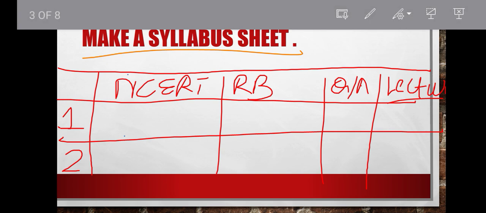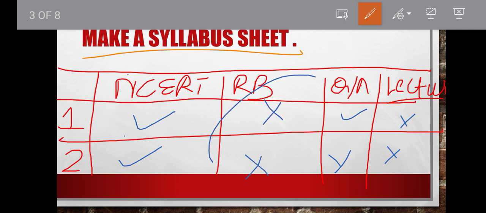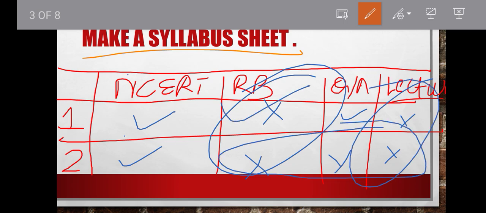As your syllabus is being done, you can tick it. NCERT done. Reference book, this is not done, this chapter's questions are done, these lectures are missing. You need to make it like this. Make sure at the end of the month or your goal, you make a tick. Make a syllabus sheet like this, like a syllabus table.